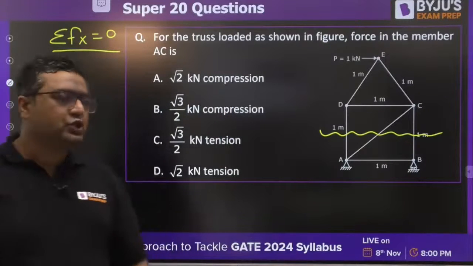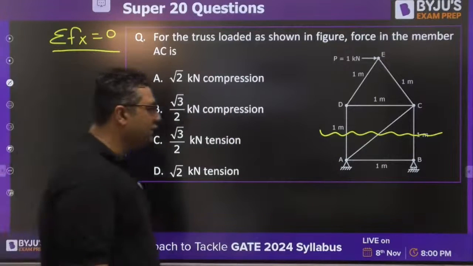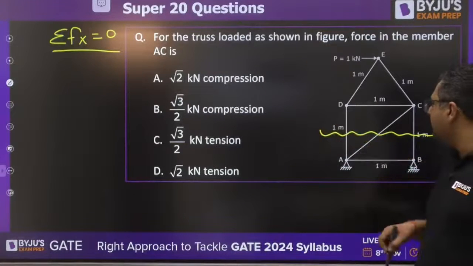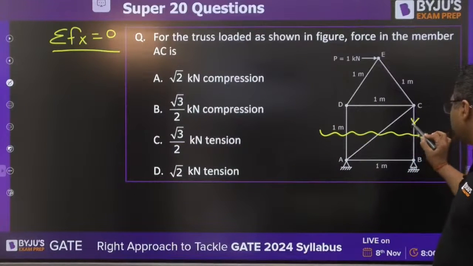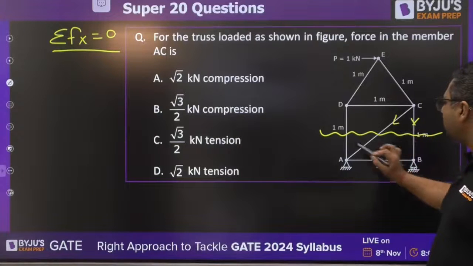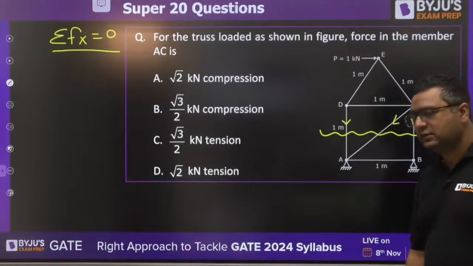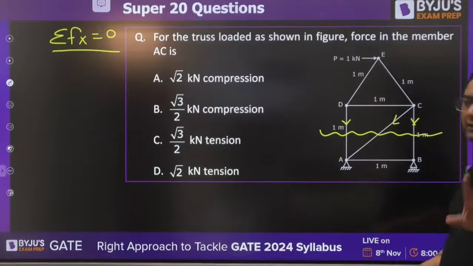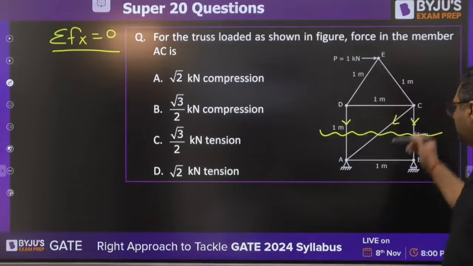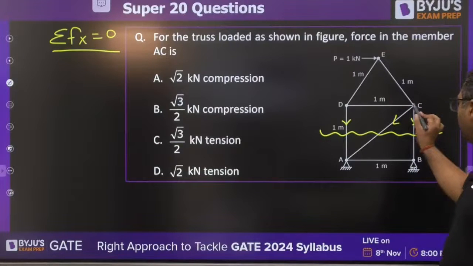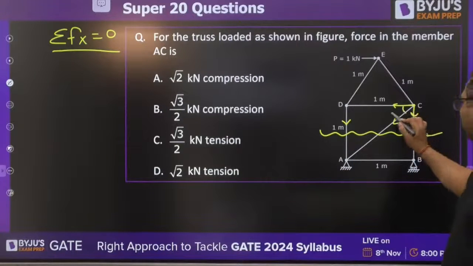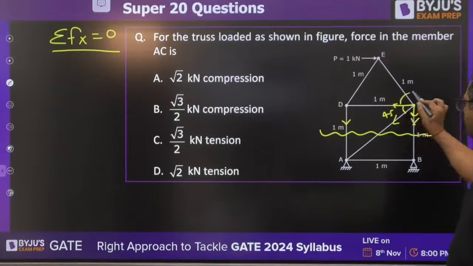Okay, so dear, we will assume the forces in the members like this. When you break it into this, let us say this force is acting like this, this force is acting like this. Then the force in DA member and force in CB member are vertical forces. But this force will have two components, one is this, other is this. You can see 1 meter, so the angle is 45 degrees.